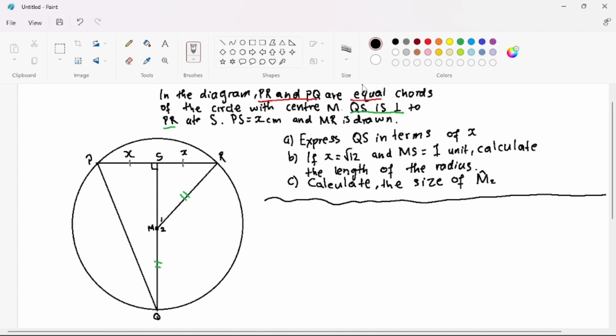And then if we carry on analyzing, we know that our chord PR is equal to our chord PQ, and we were given that, these two chords are equal. So if PS is x and SR is x, that means PR is going to be 2x, and we know that PR is equal to PQ.